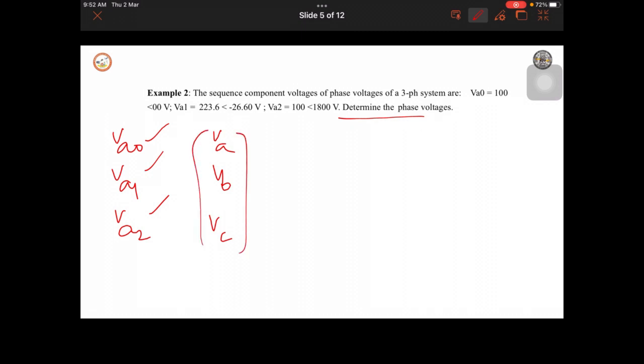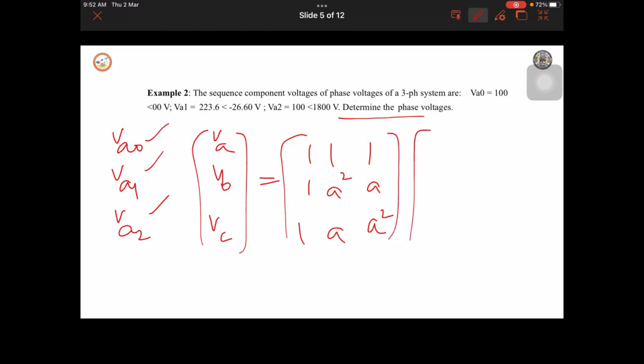This can be written as the matrix 1 1 1, 1 A square A, 1 A A square, into VA0, VA1, VA2. A is 1 at an angle of 120 and A square is 1 at an angle of 240. By knowing this, you can find the values of phase voltages VA, VB, VC.